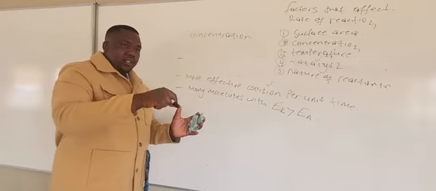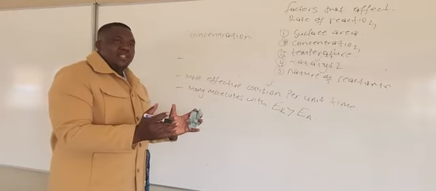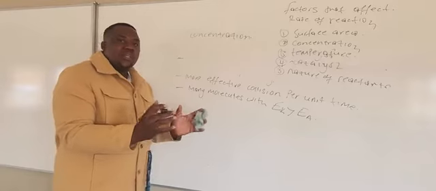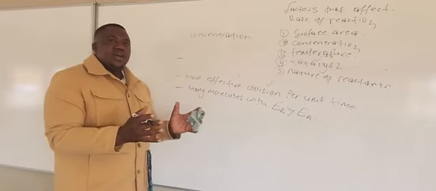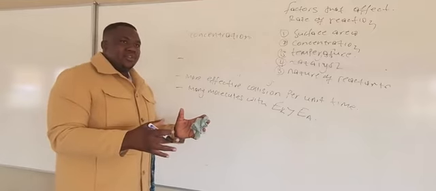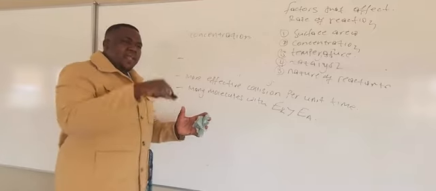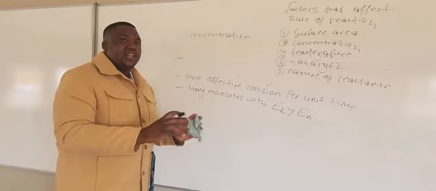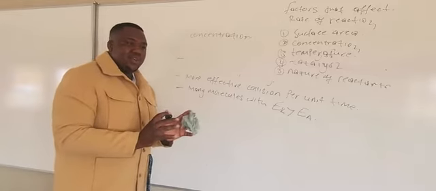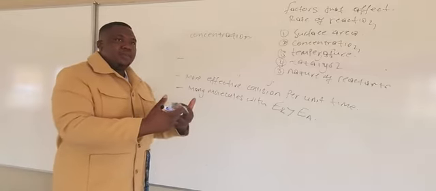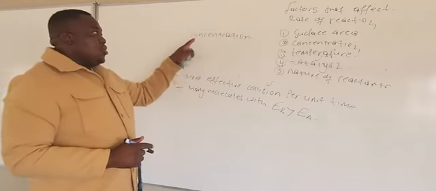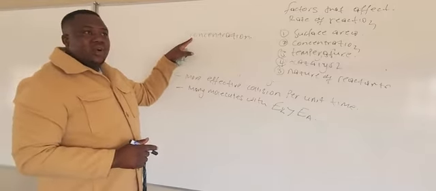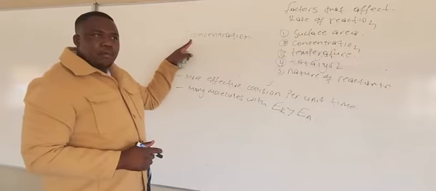If I put a small amount of sugar, it means I have got a small concentration of the molecules of sugar. But when I increase the amount of sugar, it means I have what? Many molecules of sugar. It means I've increased the concentration of sugar in that water. You understand? So, it means concentration talks about the amount of molecules.